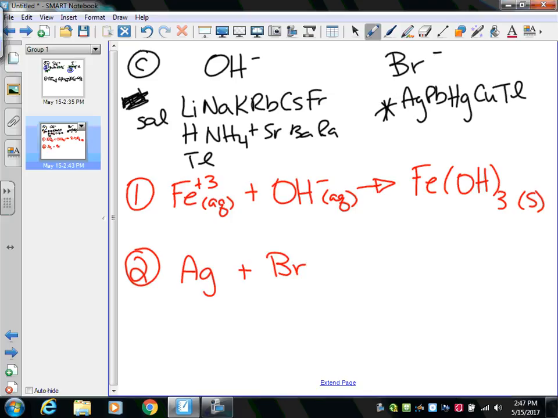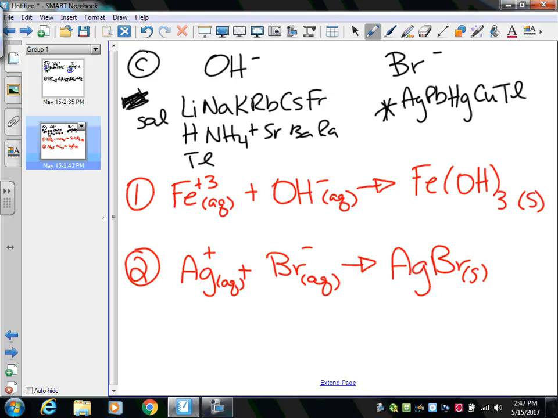And remember, I need to use my ions or charges here. So a plus and a negative. They're aqueous. I'm going to put them together. They're both +1, or sorry, both 1s. So crisscross or equal to 0, and this one's going to make me a solid.